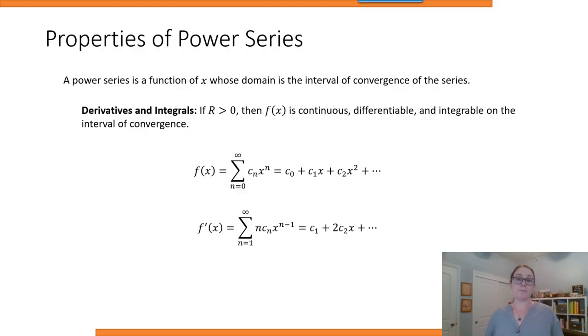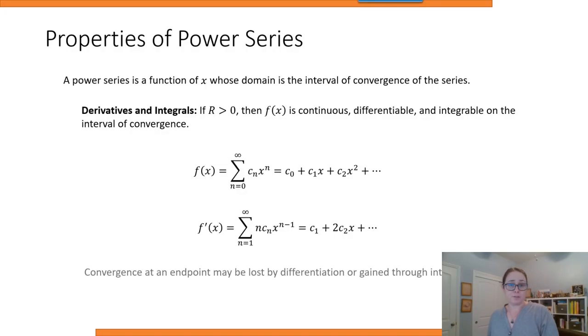So that term is gone, which means that the first term in the derivative is going to be c1. So now my series starts at n equals 1 instead of n equals 0. So be careful with that. You tend to lose terms when you're taking derivatives. And you might gain terms when you integrate. Right? So really pay attention to the starting value. It helps to just write out the first couple of terms to make sure that you're starting at the right spot.